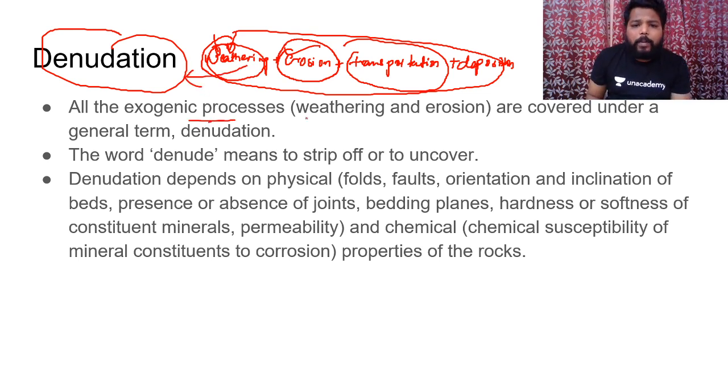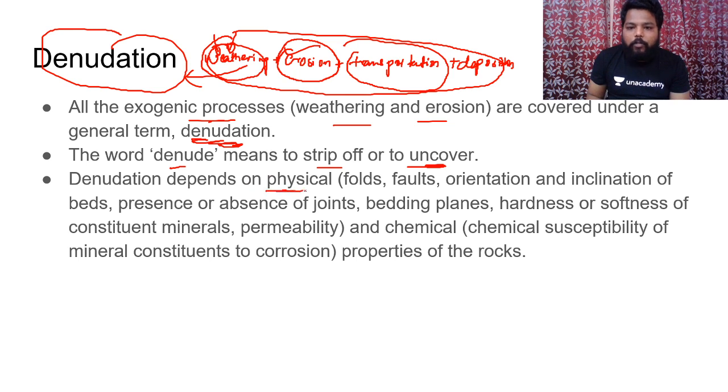All the exogenic processes, weathering and erosion, are covered under a general term called denudation. Weathering, erosion, transportation and deposition were the earlier terms we used, but denudation is the key term we would be using now. The word denude means to strip off or to uncover.